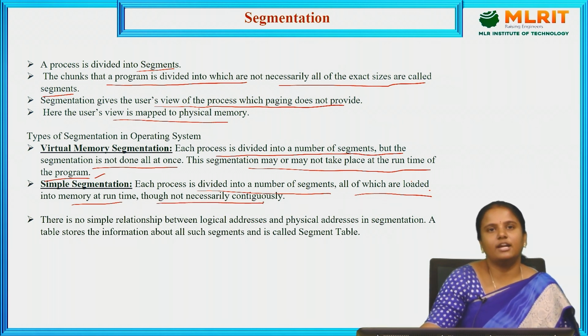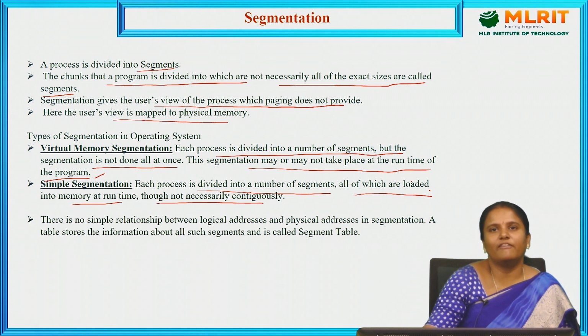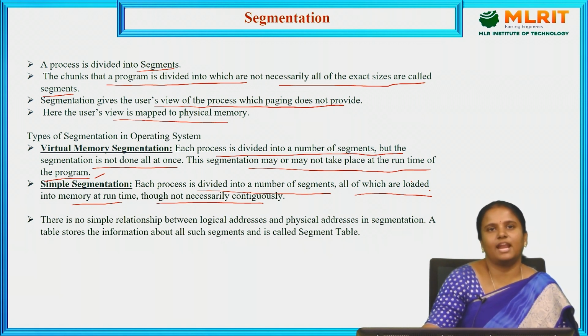So in virtual memory segmentation we have seen the segmentation cannot be done at once, whereas in simple segmentation each process is divided into a number of segments and loaded into memory during runtime. That is simple segmentation.